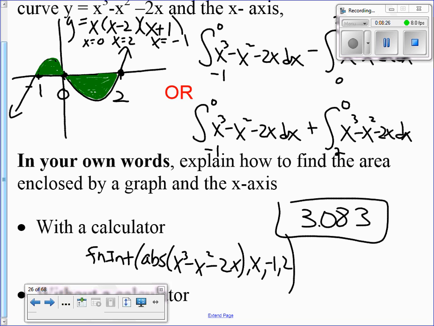The absolute value will make it all positive, so you'll get the total area. So if you put it into the calculator, math 9, absolute value of the function, comma x, comma -1, comma 2. Just go from the first 0 to the last. And that gets it straight. But if you can't use a calculator, you've got to break it up.